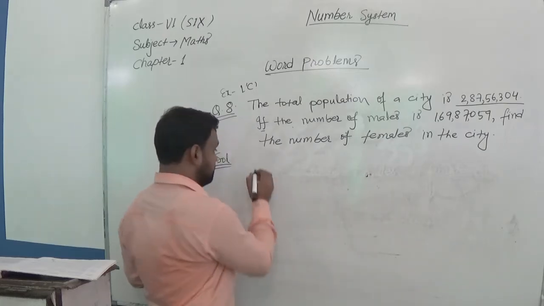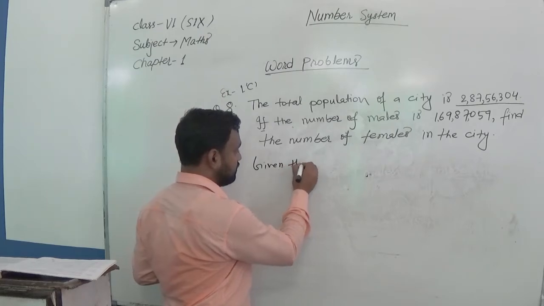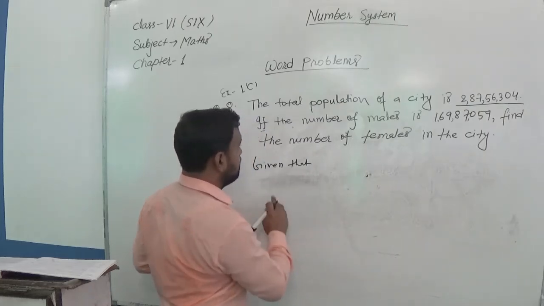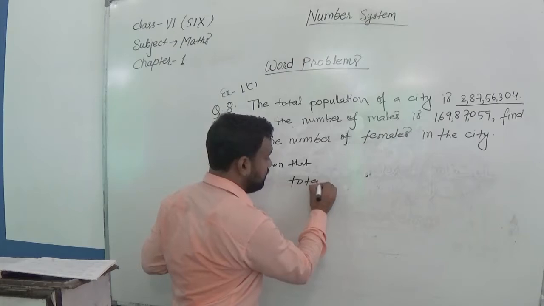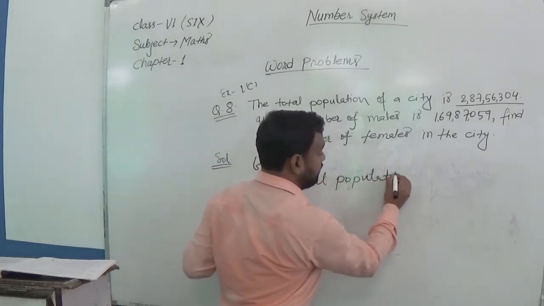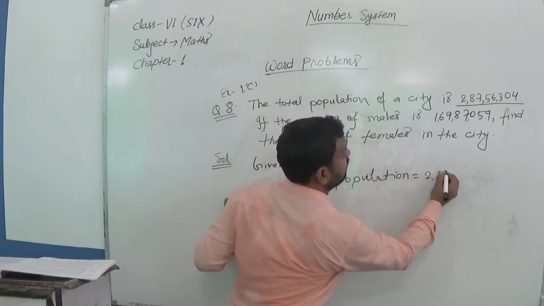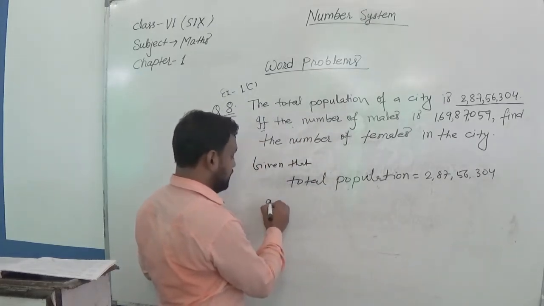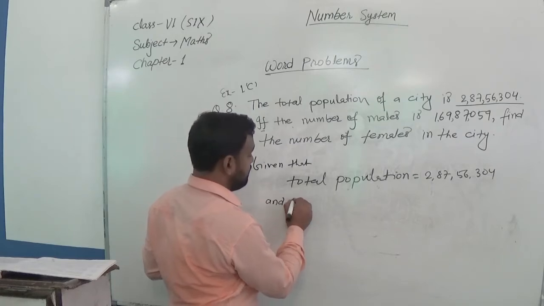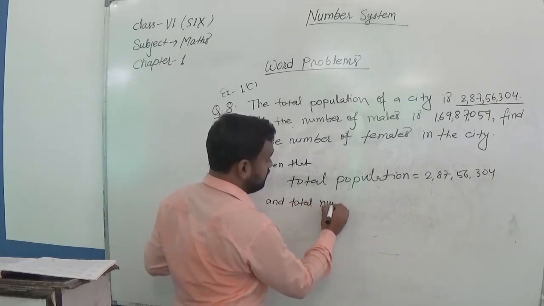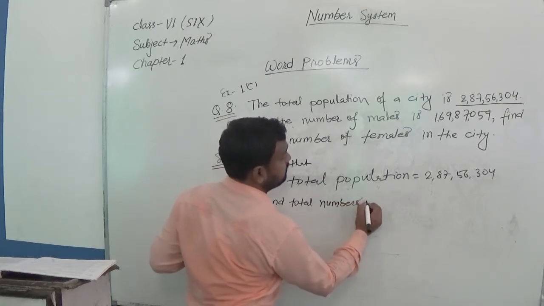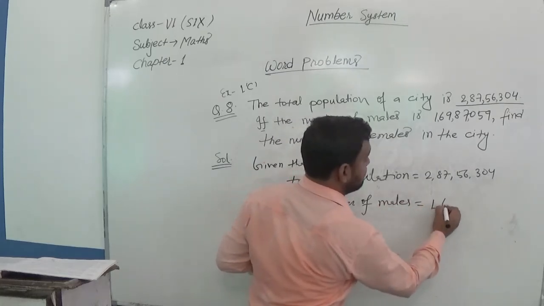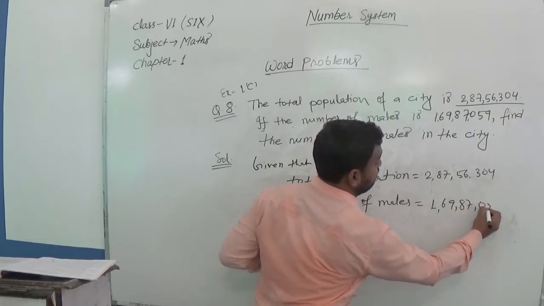Given, you have to write in your notebook: given that total population equal to 2,87,56,304, and total number of males equal to 1,69,87,059.